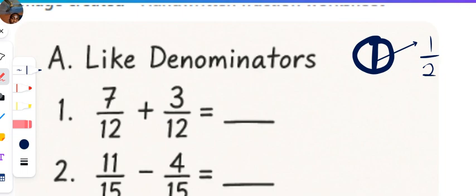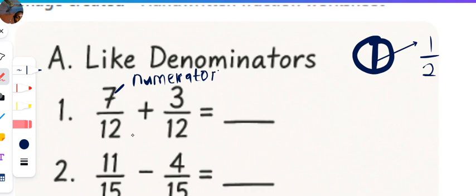I want you to remember that in a fraction, the number up is called the numerator. The number up here, like in this 7 over 12, 7 is called the numerator. N-U-M-E-R-A-T-O-R.